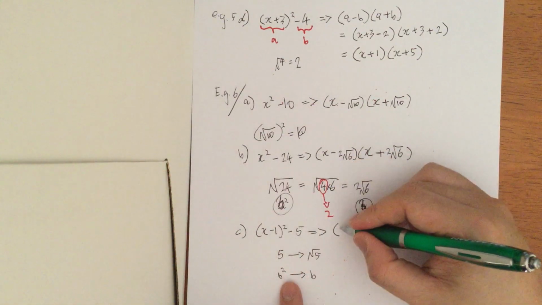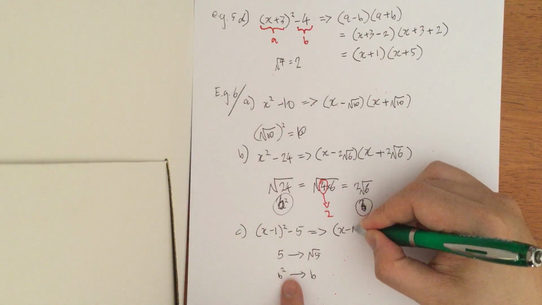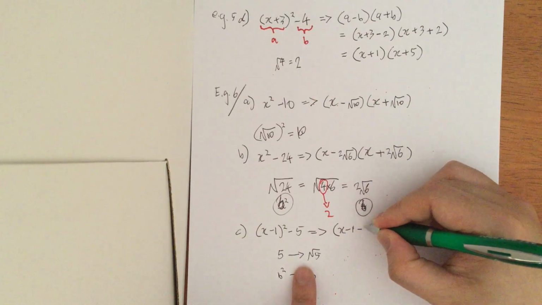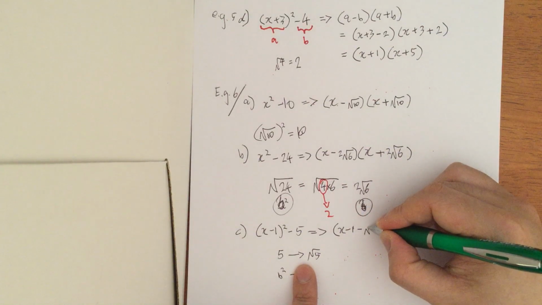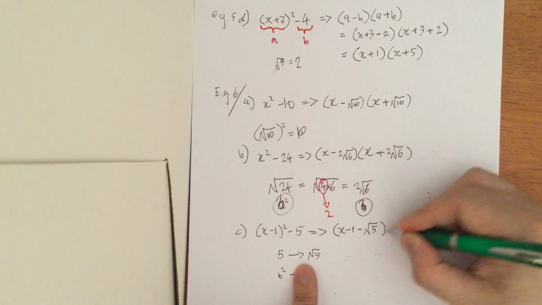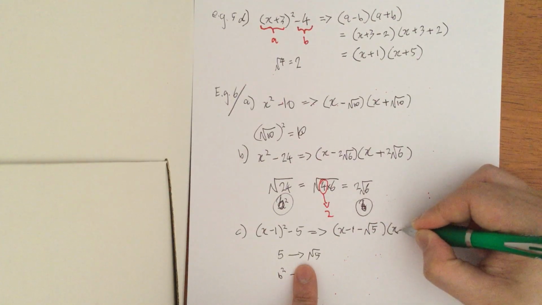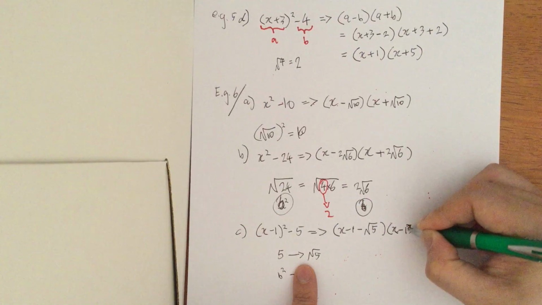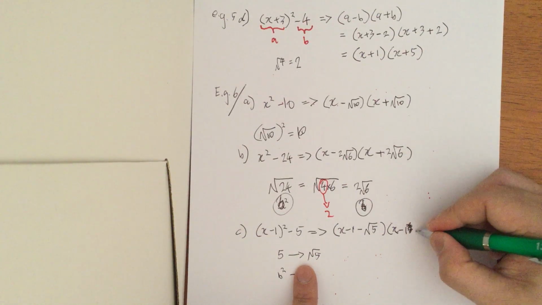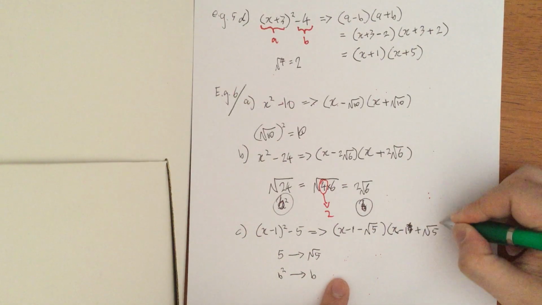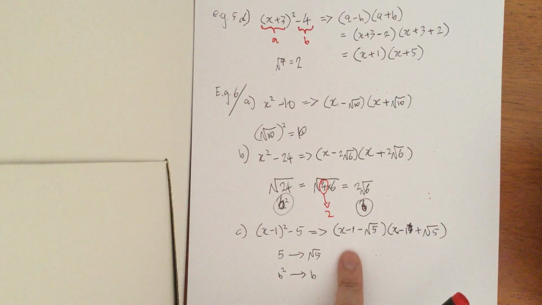That entire x minus 1 is basically a. So x minus 1 minus square root of 5. All right, x minus 1 is a, plus square root of 5. I mean, the textbook, they might have the other way around. Doesn't really matter. That's your final answer.